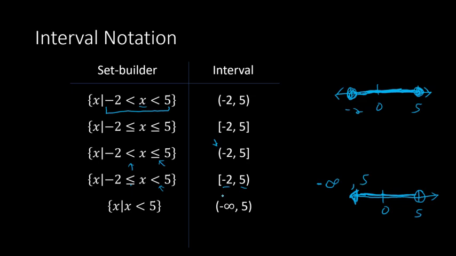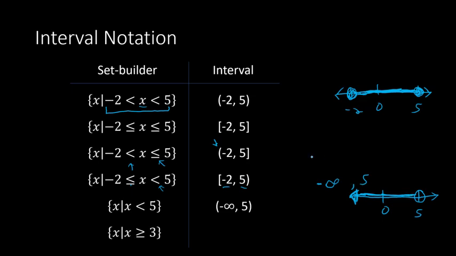You can never actually reach infinity because it keeps going forever, so we put a parentheses. Just like we do with the open circle, because we never actually reach the number 5, we get infinitely close to it, but we never actually reach it, which again is why we put the parentheses. All right, that's the notation for the open circle.